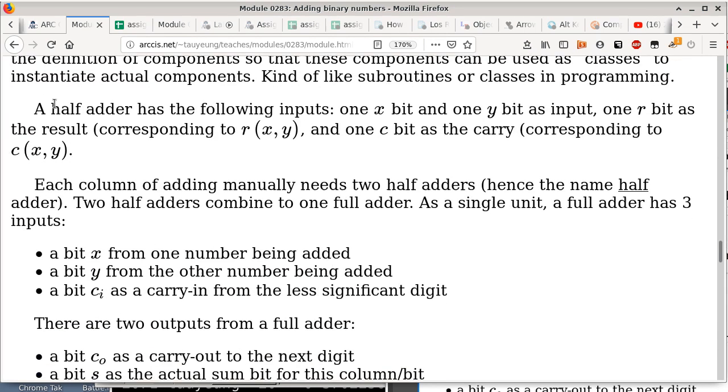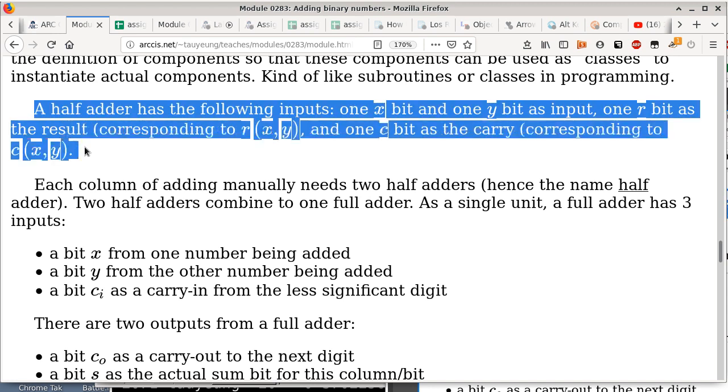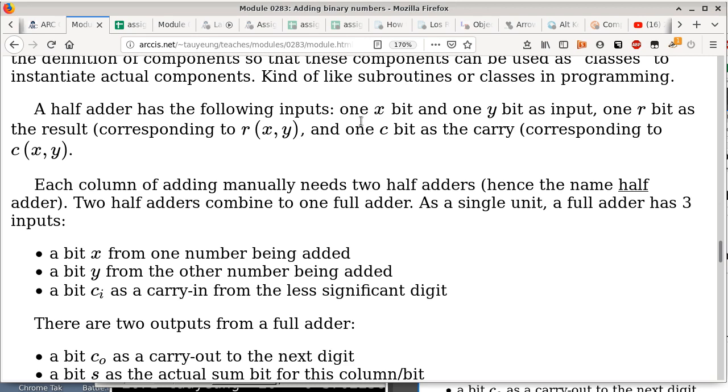So we'll first talk about what a half adder is, and this section talks about a half adder. So a half adder has 2 input pins, 1 bit each: one is x and one is y. Okay. It has one output bit, which is the R bit, and it has one output bit, which is the C bit. So the R bit corresponds to the result of adding bit X to bit Y, and the C bit corresponds to the carry of adding X and Y. Is that okay?